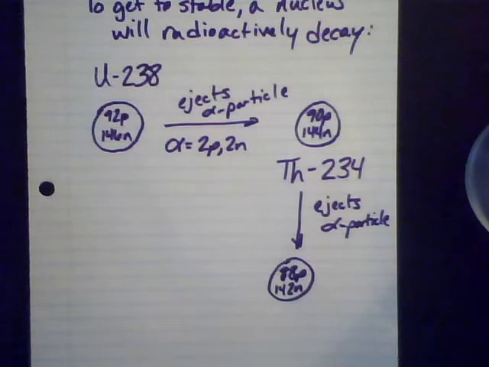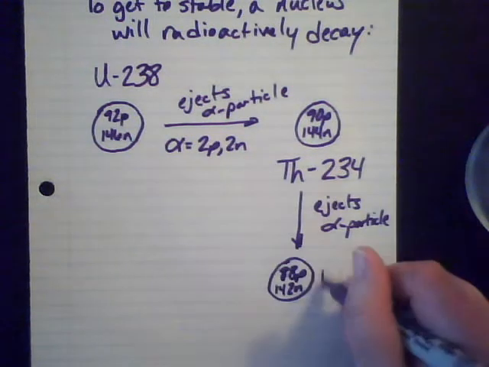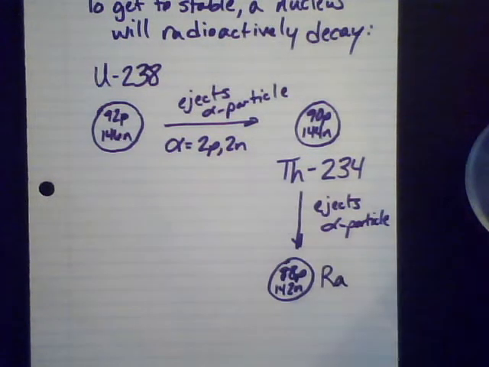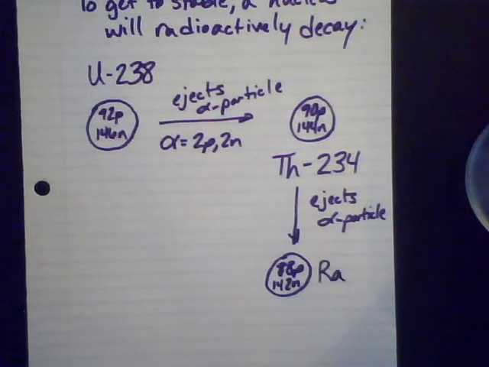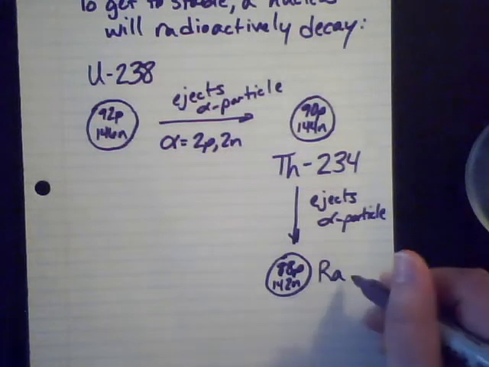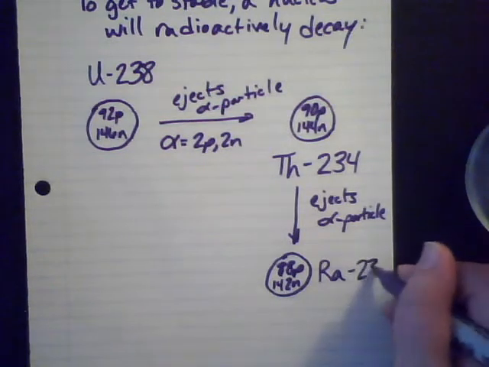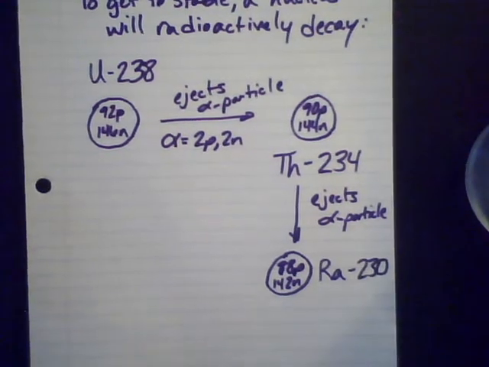So I lost 2 protons, 2 neutrons, and if you look up on the periodic table what 88 protons is, then you'll find that it is radium, Ra. Radium is one of our alkaline earth metals. Okay. And the isotope here is 230, radium-230.